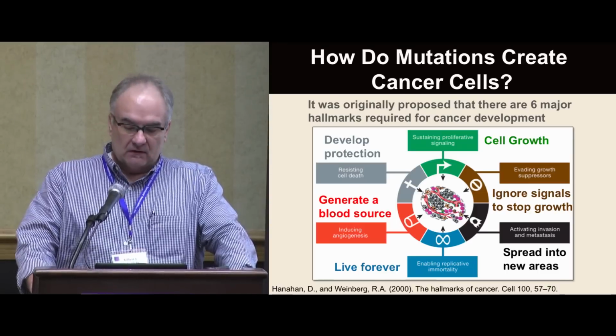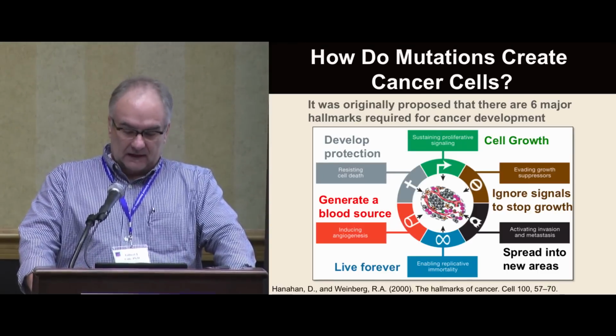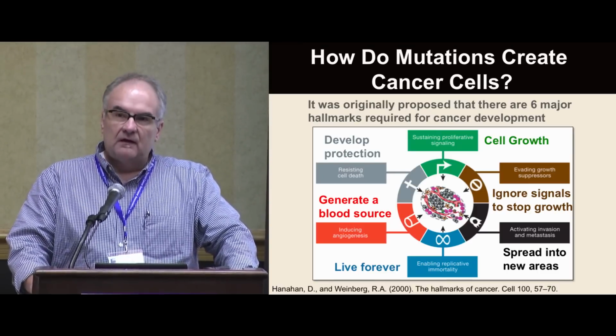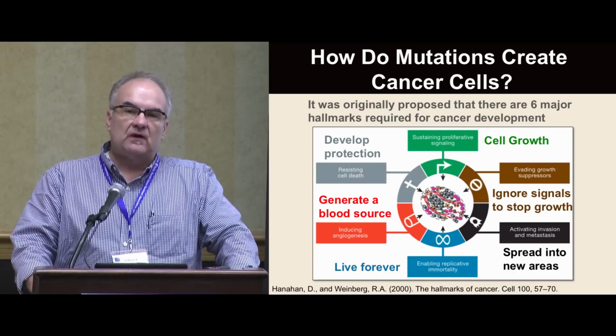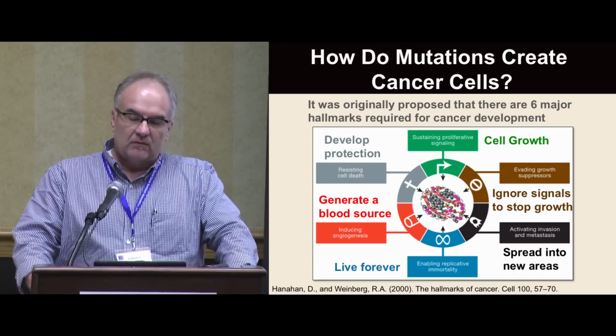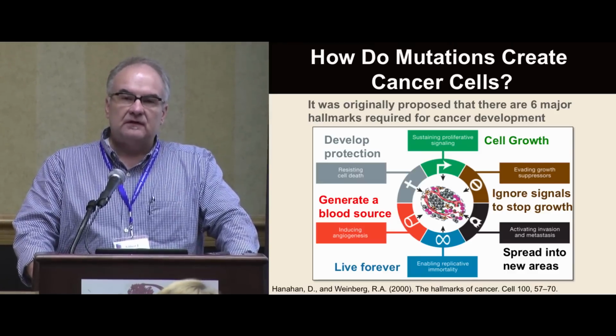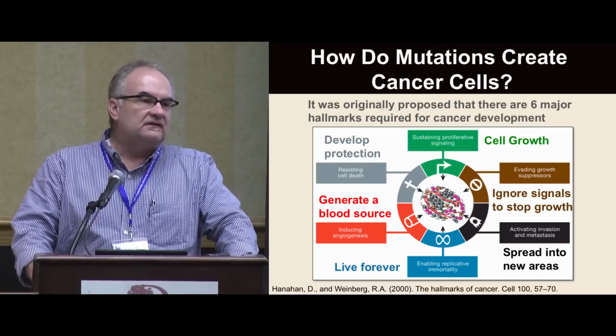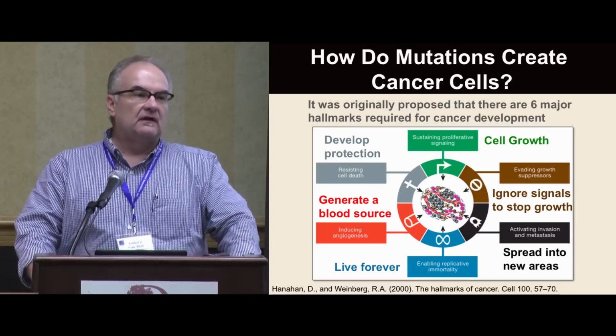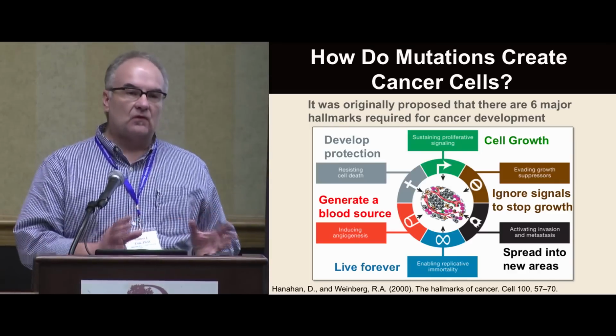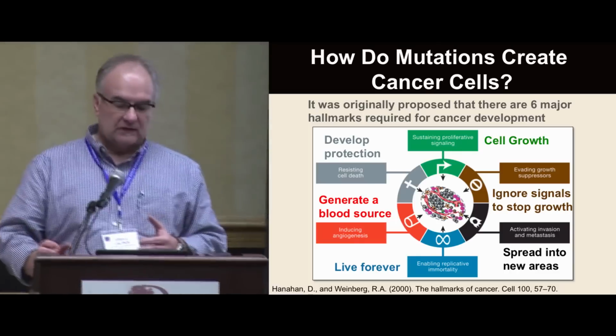And in fact, back in 2000, a very famous cancer researcher, Robert Weinberg, proposed that all cancer cells have to acquire 6 different features in order to convert from being a normal cell into a cancer cell.